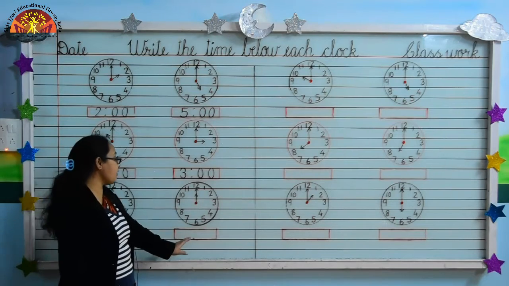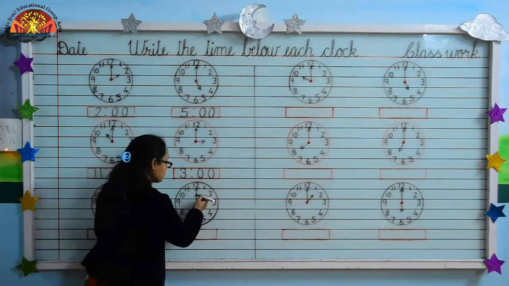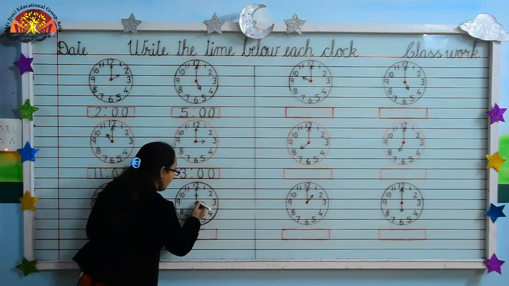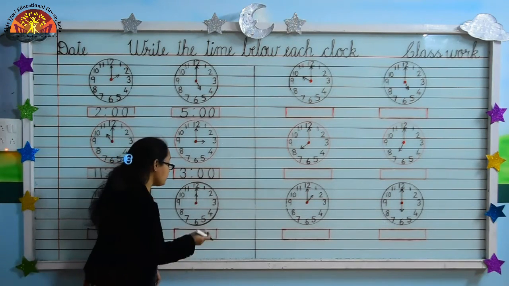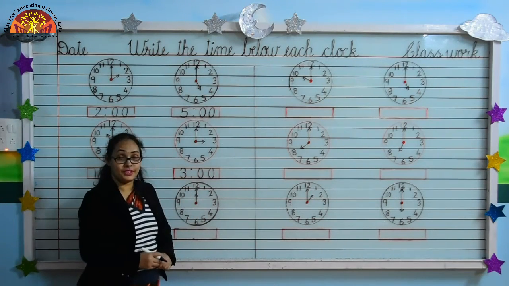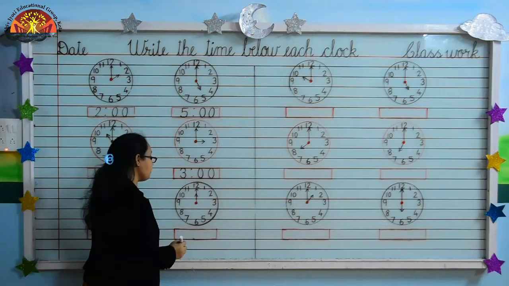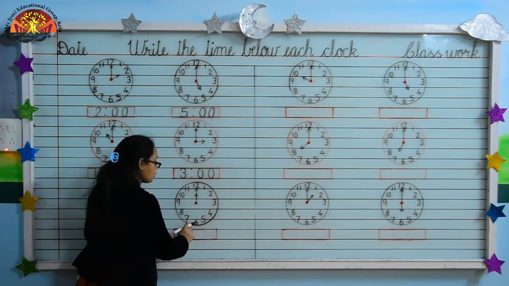Move to next. Kids, now you tell me, where is the long hand? Yes, the long hand is at 12. Kids, where is the short hand? Yes, the short hand is at 12. Kids, what time is the clock showing here?